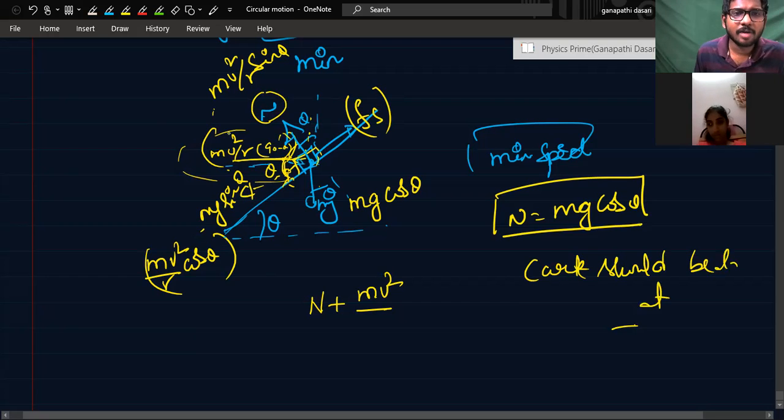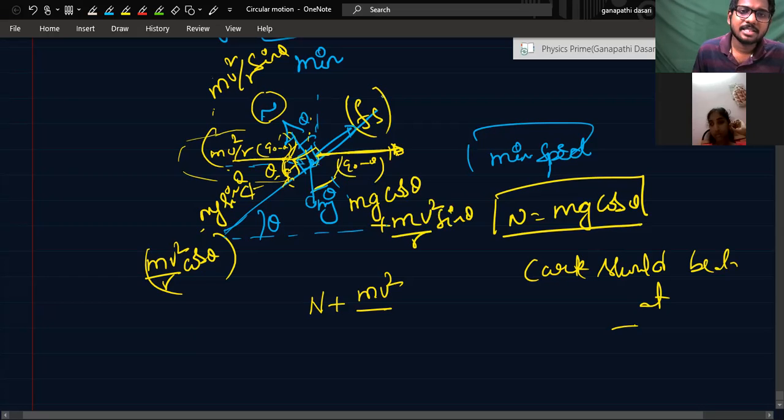So then this mv square by r will be away from the center. This is the circle, and you have to take away from the center. So this is theta, this is 90 minus theta. On this side it will become mv square by r cos of 90 minus theta, that is sin theta. And along this line it will be resolved. Are you understanding?